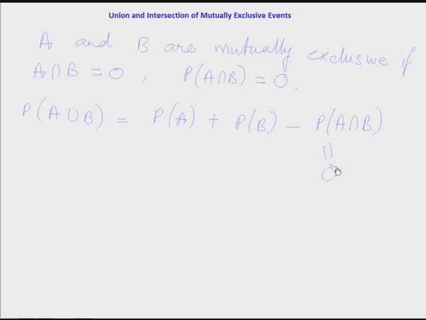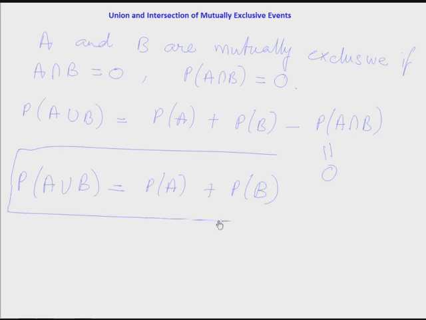In this case, the intersection is 0. So for mutually exclusive events, and exclusively for mutually exclusive events, the formula reduces to P(A union B) equals P(A) plus P(B). The probability of the union is the sum of their individual probabilities.